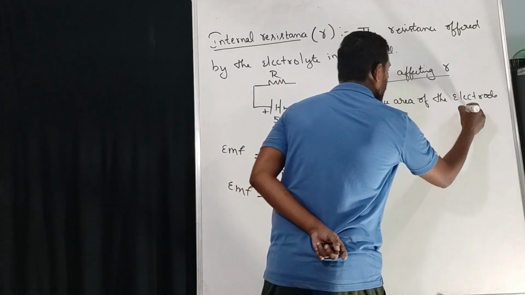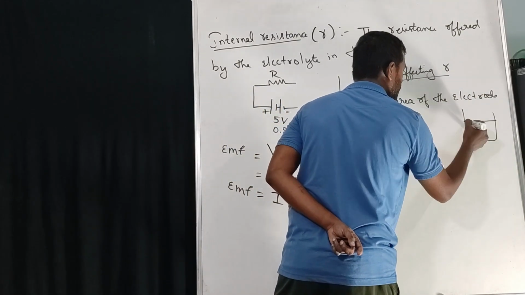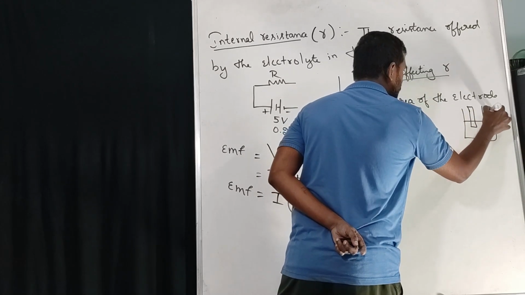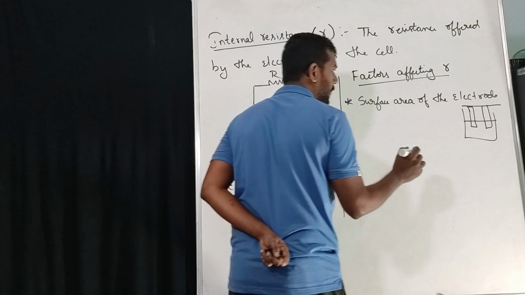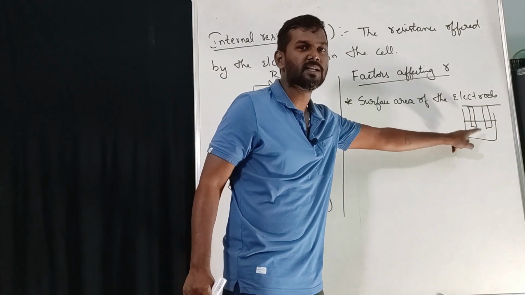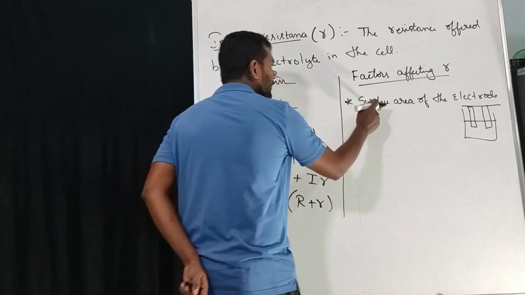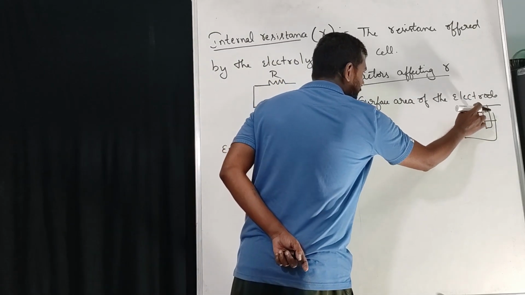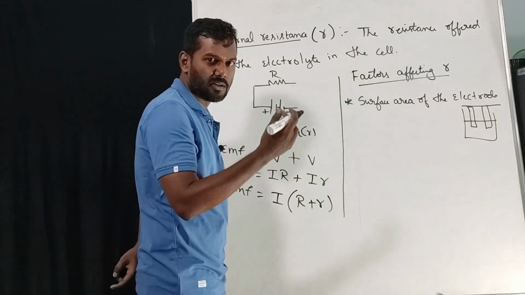If this is the representation of a cell, these are the electrodes and this is the electrolyte, the liquid. So the surface area of the electrode means the surface area of these electrodes, the metals or the conductors.